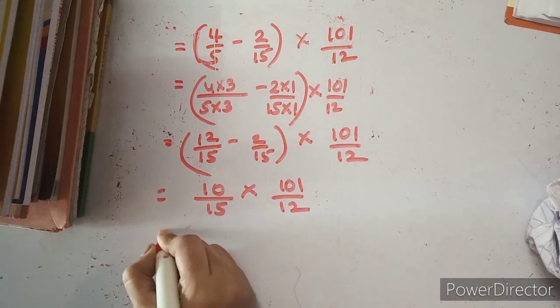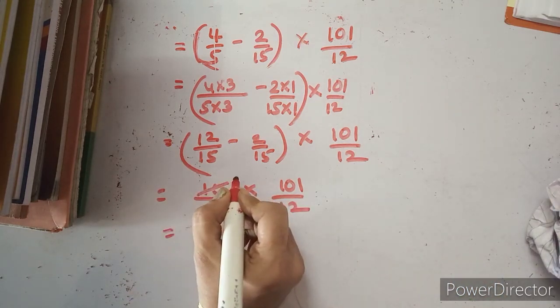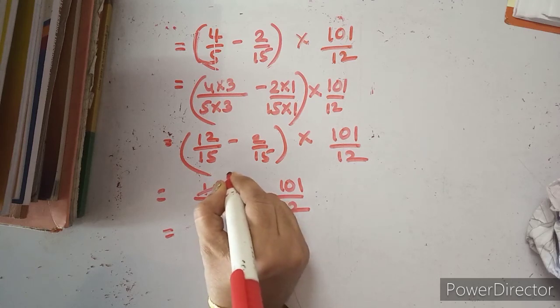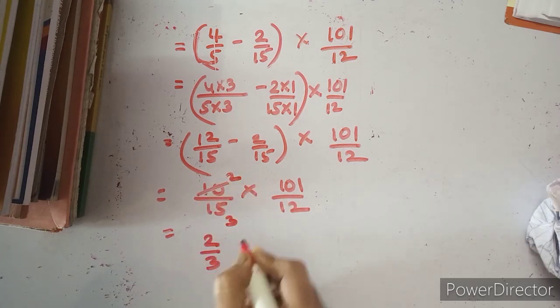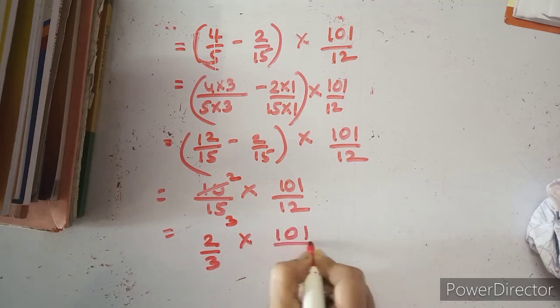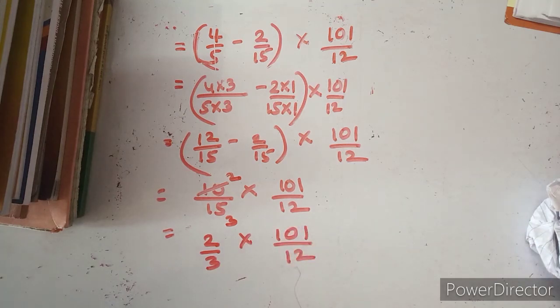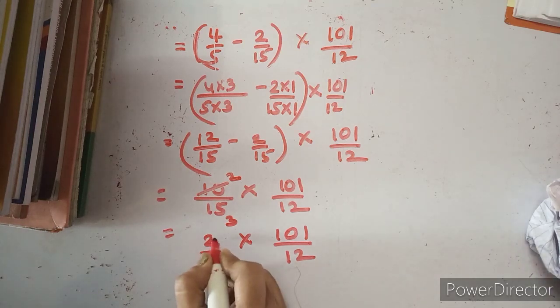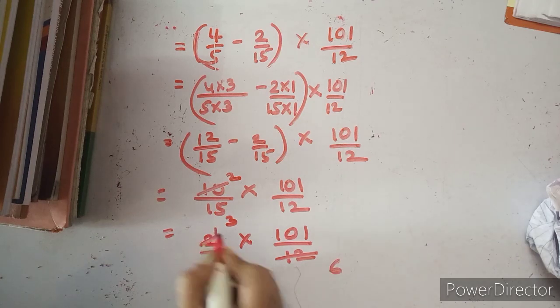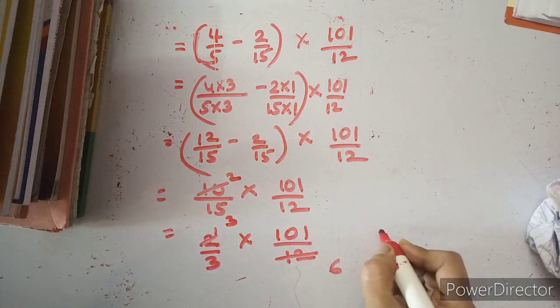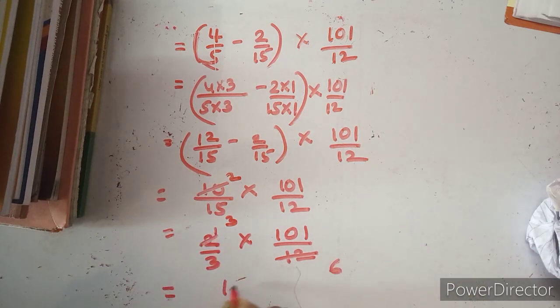So this can be easily reduced to the lowest form, that is 5 2s are 10, 5 3s are 15. So here you are getting the number like this. Again you can cancel off, 2 1s are 2, 2 6s are 12. So again your number comes as 101 upon 18.